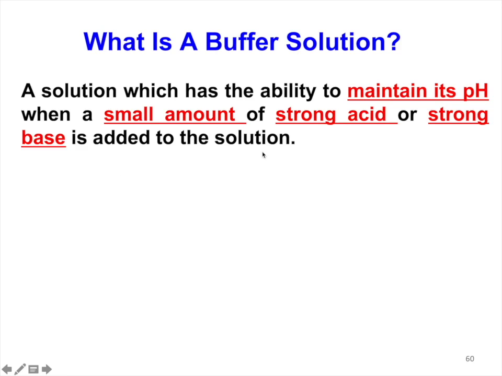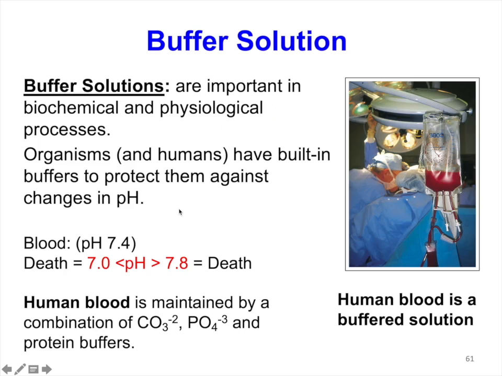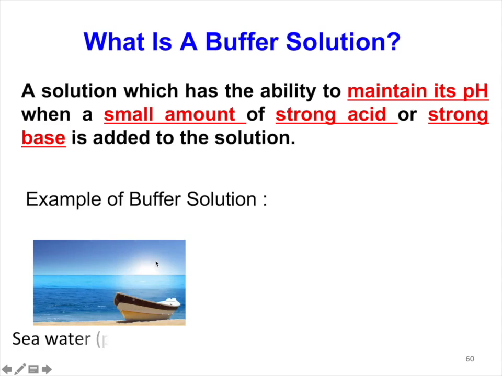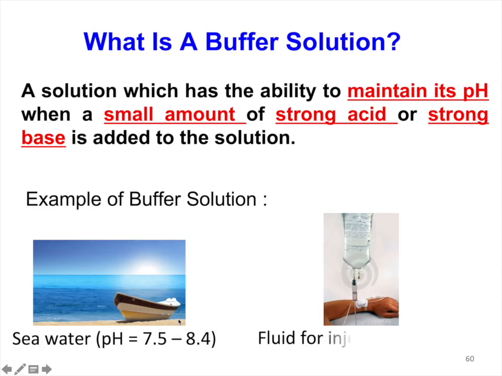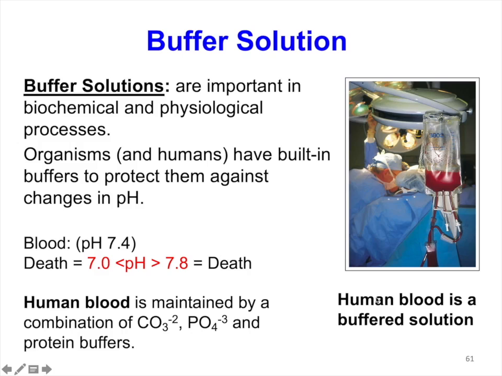Example of buffer solutions is seawater, where the pH is between 7.5 to 8.4. And another example is fluids for injections. The pH is between 4 to 8. Buffer solutions are important in biochemical and physiological processes. Organisms and humans have built-in buffers to protect them against changes in pH.